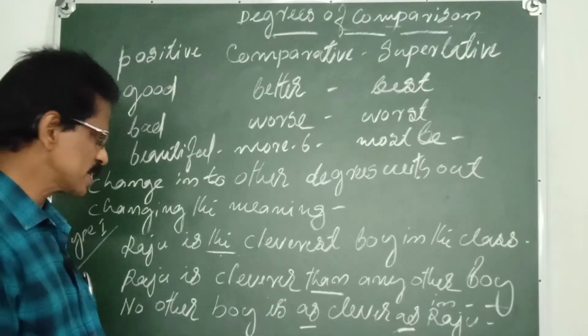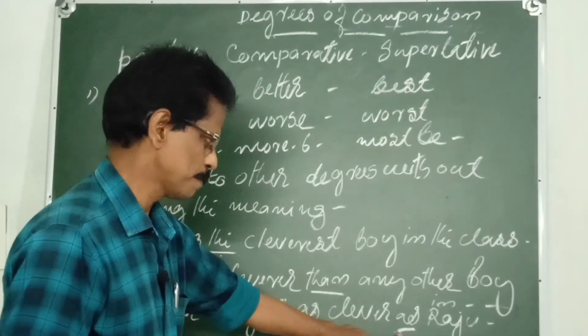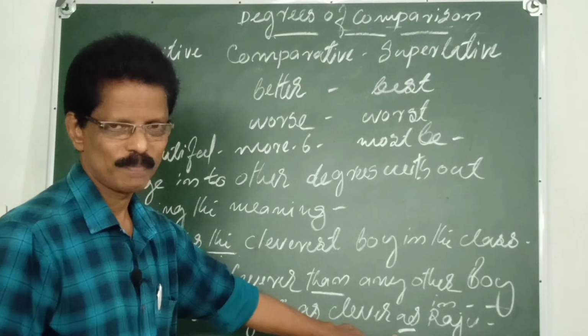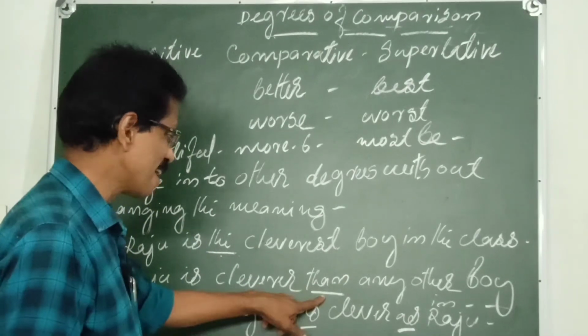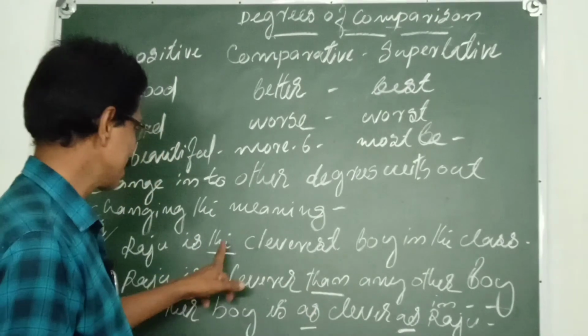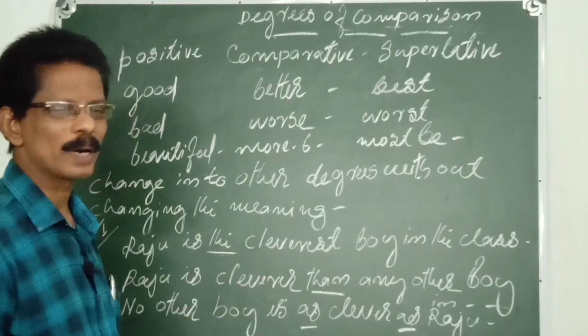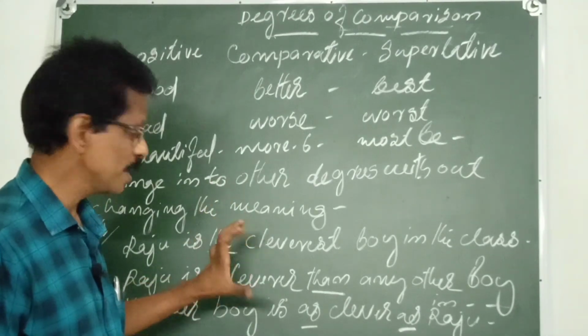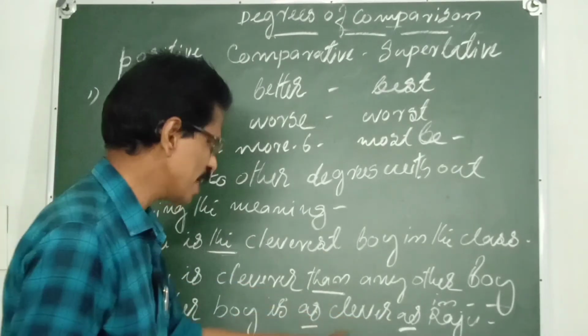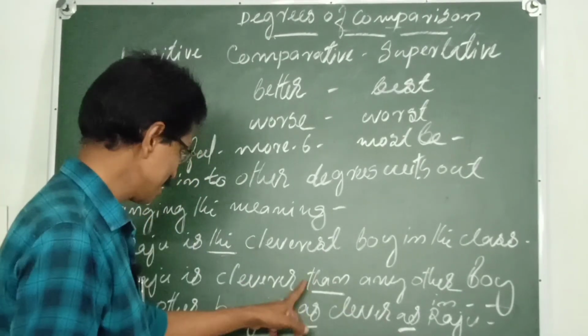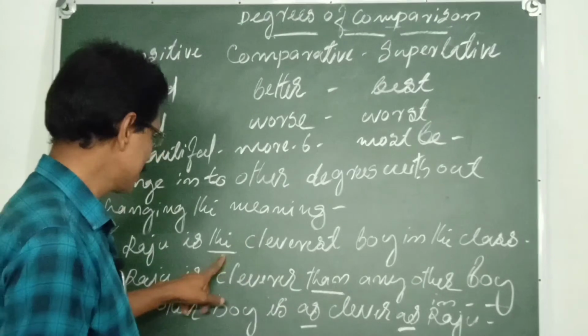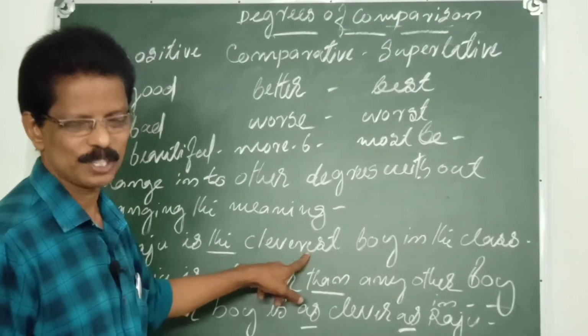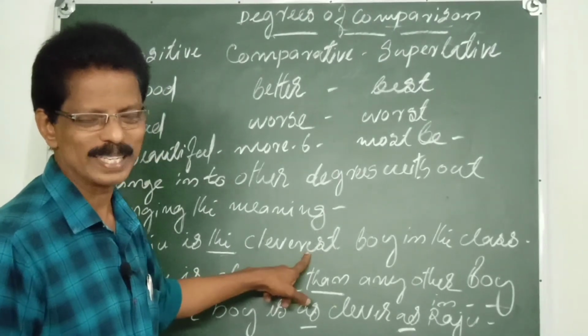The word of comparison here is "as", positive degree. Here, the word of comparison is "than". Here, "the" plus superlative. Make sure you understand clearly these 3 words. Here, as. Here, than. Here, the plus superlative: the best, the cleverest, the most intelligent.